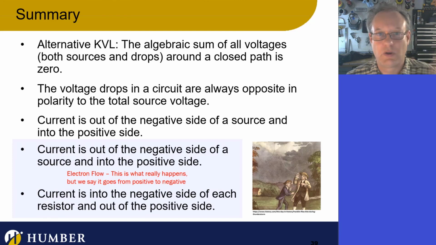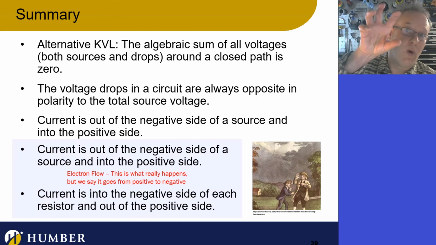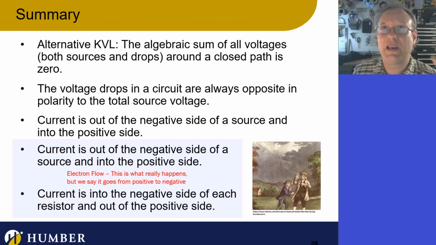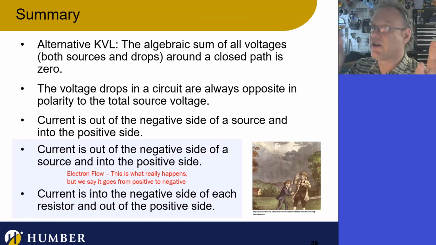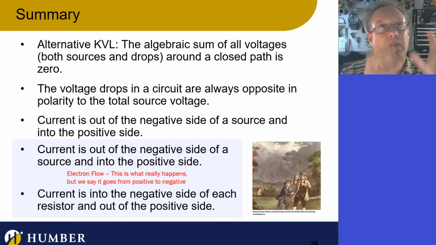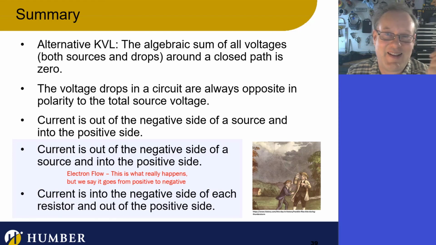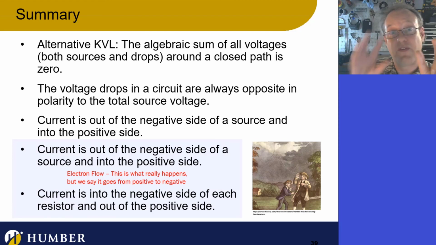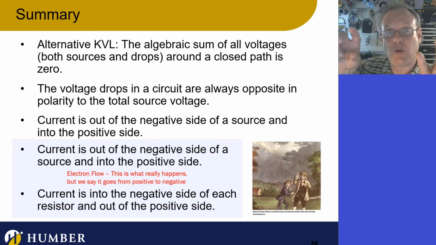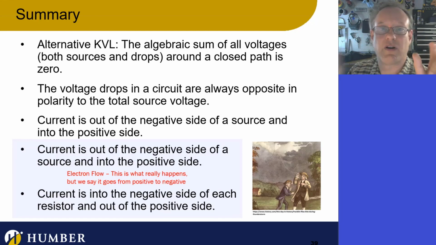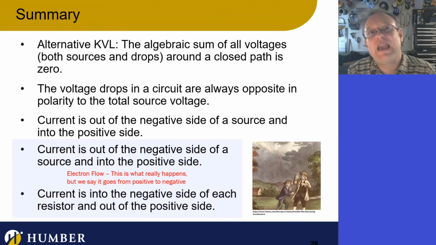Yeah, so 0 equals Vs minus VR1 minus VR2 minus VR3 minus VR4. I'll say that again: 0 equals Vs minus VR1 minus VR2 minus VR3 minus VR4. So essentially all of those voltage drops are taking away voltage from the voltage source.